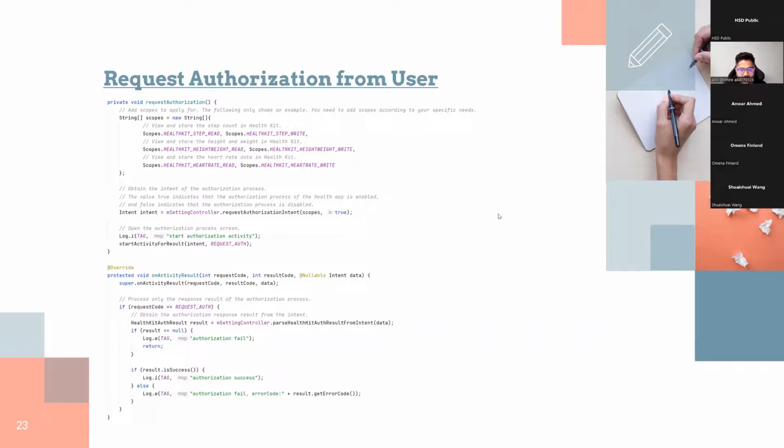When the user selects the options, the callback is given in onActivityResult. There you get the callback, so either the user has accepted it or not. Depending on that, you can move forward.